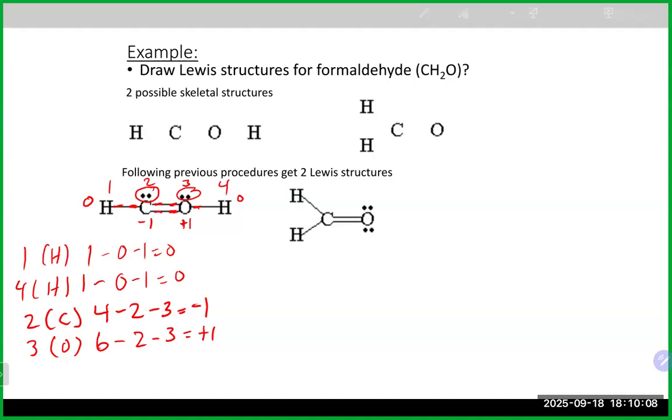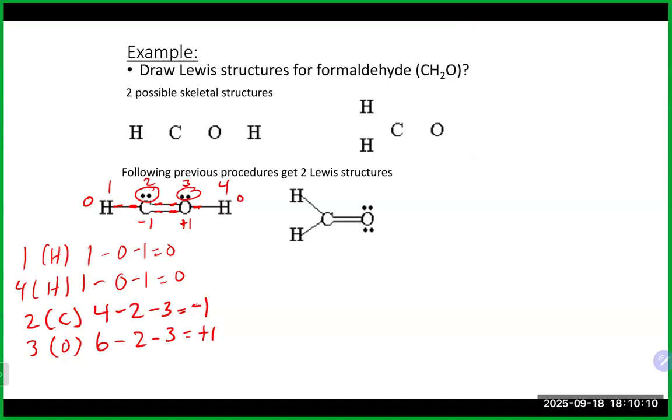And if we look at our other structure, I'll number them the same, 1, 2, 3, and 4. Number 1, which is also the hydrogen, is going to be 1 minus 0 minus 1 bond, which is 0. Number 2 is going to be the same, as it has just that 1 bond, 1 minus 0 minus 1. So we got zeros on those.